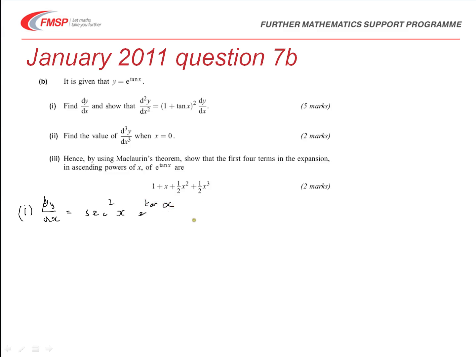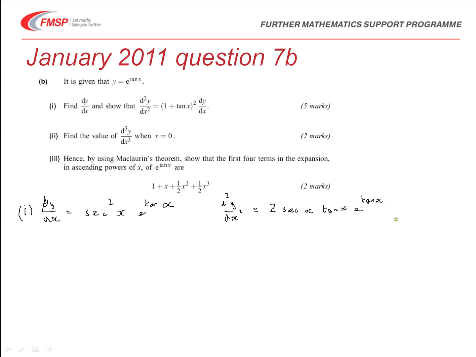And then we've got to find the second differential, so if we differentiate both sides we can see now we have a product, so the differential of sec squared is going to become twice sec tan x, and that's multiplied by e to the tan x.